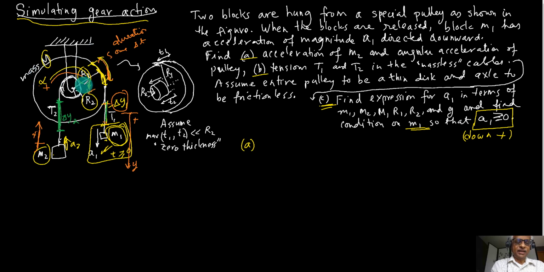But if you look at the angle that this guy is going to rotate, this angle is the same as that angle. So this angle, let's call it delta theta, is going to be whatever this is, delta y1 over r1. But this is the distance that this guy is going to wind up.